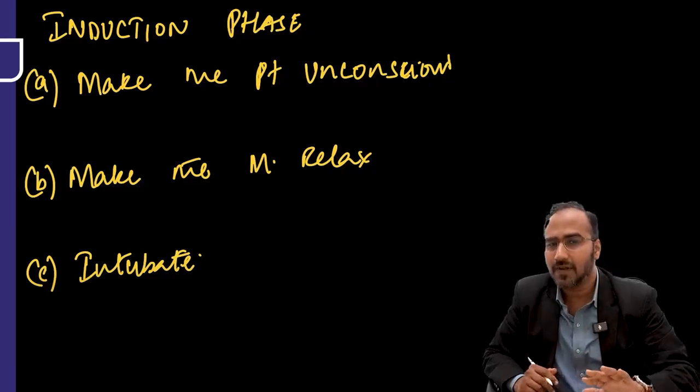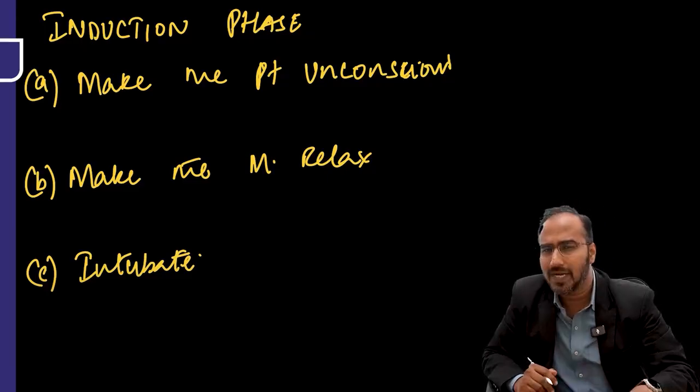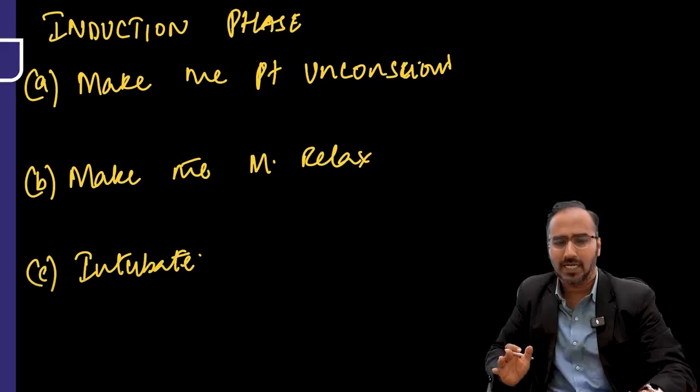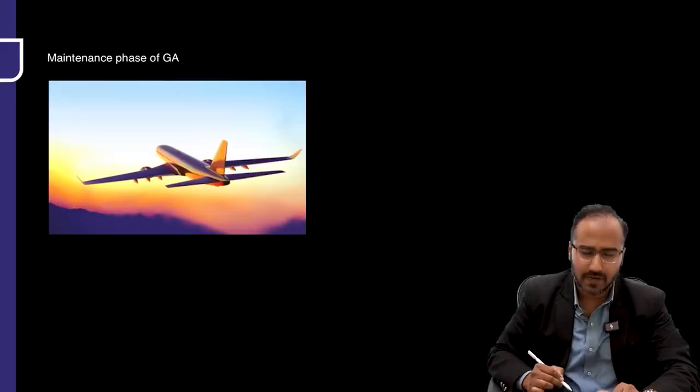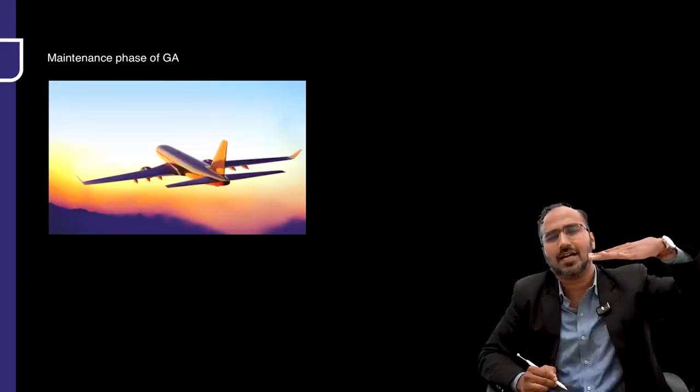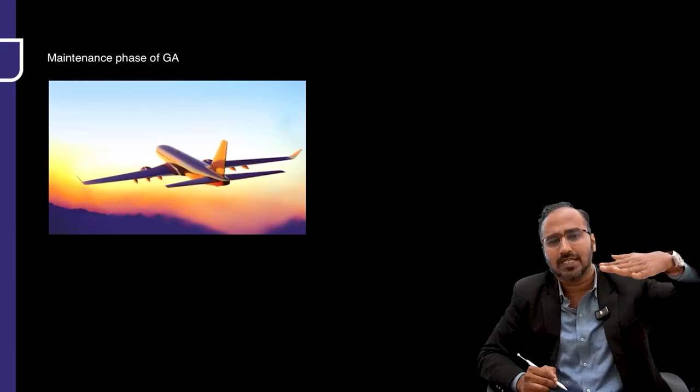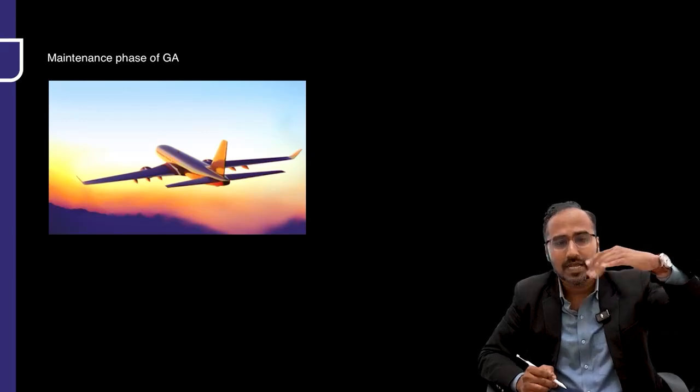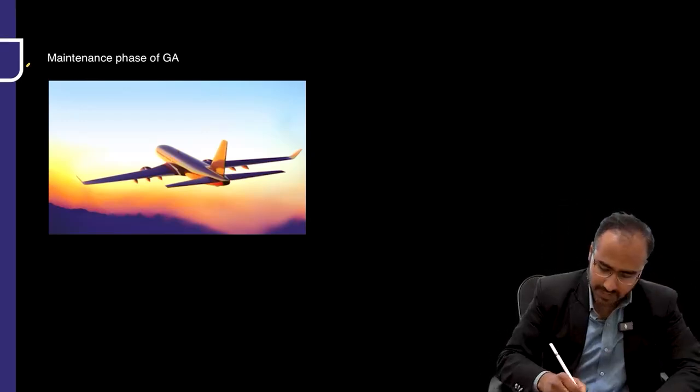Once the induction phase is done, once you have intubated, you go into the maintenance phase. Like now the flight has started, now it has to maintain itself. Anesthesia has started. The third phase is the maintenance phase of general anesthesia. In the maintenance phase, again there are 3 aims.